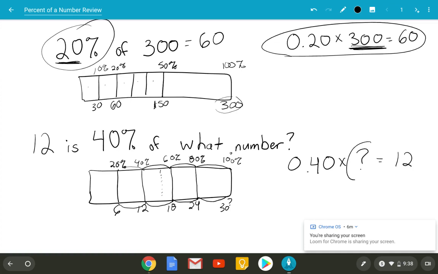We would just have to figure out what this question mark is. We know from some of the algebra we've learned that we could rewrite this as a division problem. We could rewrite it as 12 divided by 0.40 equals whatever that is. And if I typed in 12 divided by 0.40 on a calculator, I would get 30.